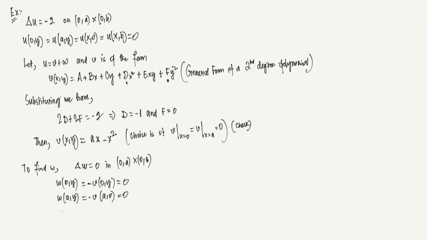What about w of (x,0)? It is nothing but minus v of (x,0), and v is given like this, so it is minus ax minus x square. Clear? And w of (x,b) is nothing but minus v of (x,b), which is minus ax minus x square.